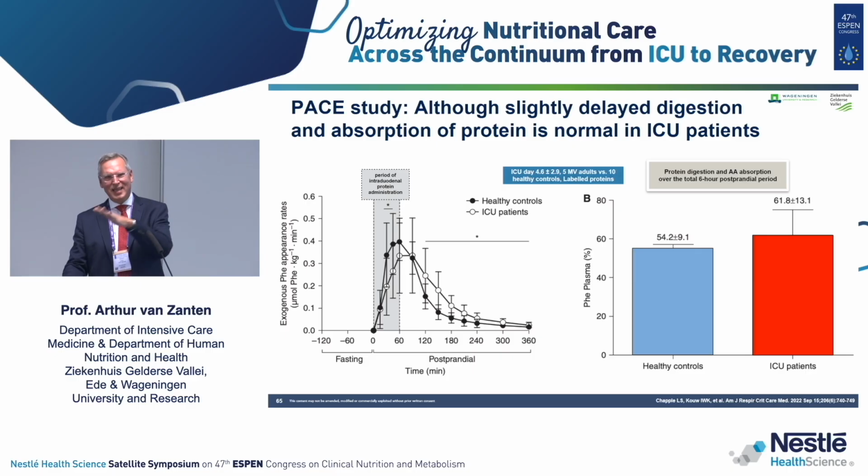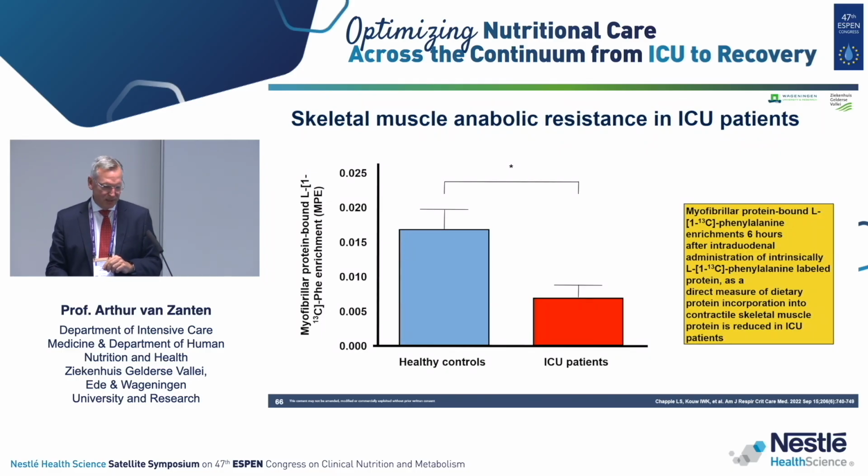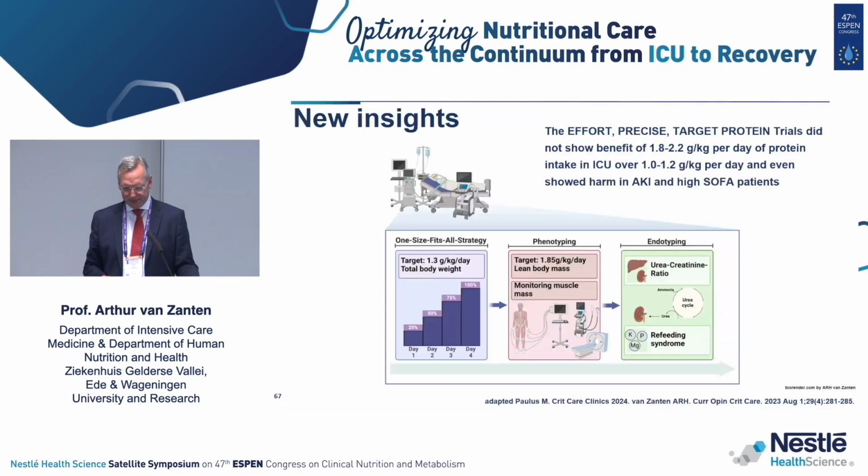It's maybe slightly delayed, but over a few hours the amount of protein absorbed as amino acids is the same. However, if you look at the production or synthesis of proteins in the muscles, this is reduced. So although there is an abundance of amino acids, the effect on muscle protein synthesis is limited. So there is a problem here.